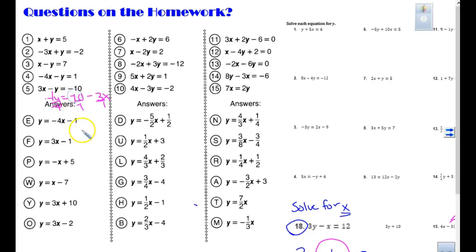Thank you. And when I do that, my final answer for number 5, and this is why I would do the work on a separate sheet, y equals, I don't want to put the number first. I want to put this part first. So negative 3 divided by negative 1 leaves me with 3x. Negative 10 divided by negative 1 leaves me with plus 10. And I notice that that is this answer down here.